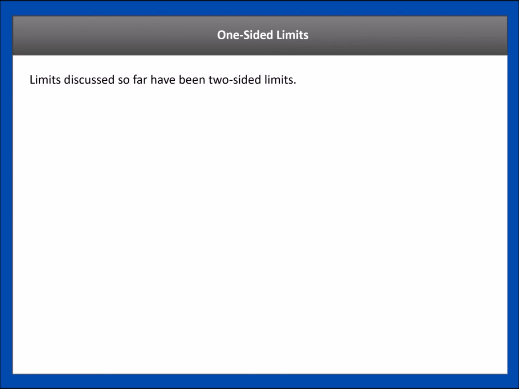All right, we're going to take a look at the concept of one-sided limits. So far, the limits discussed in this course have been two-sided limits.